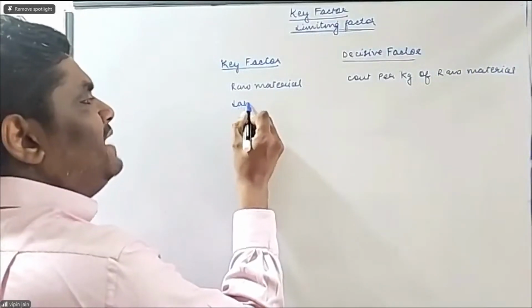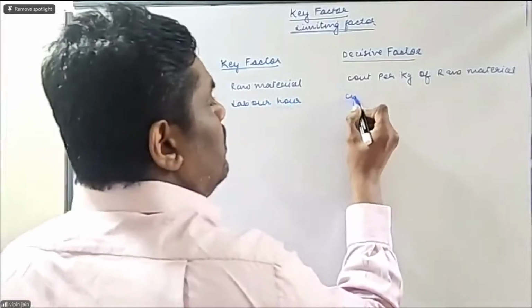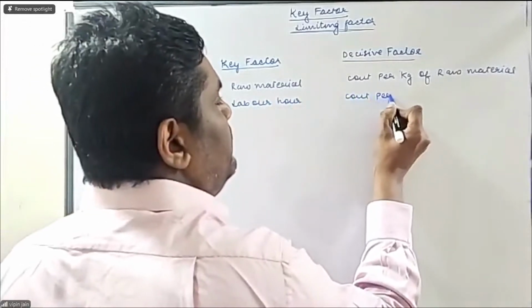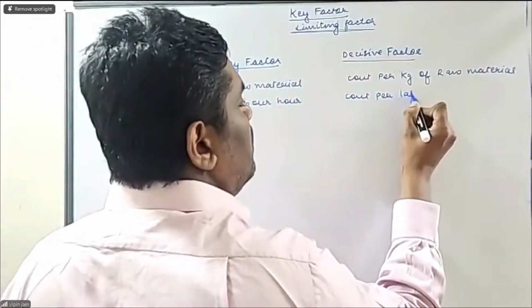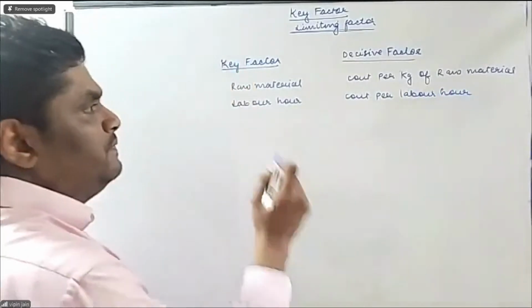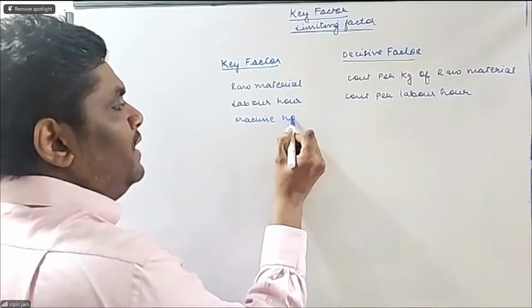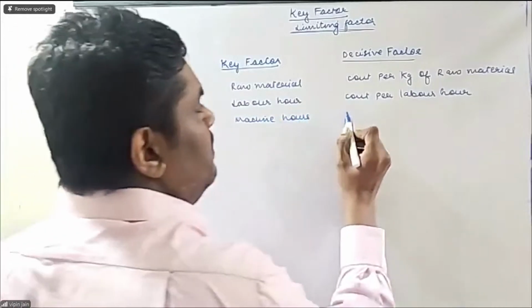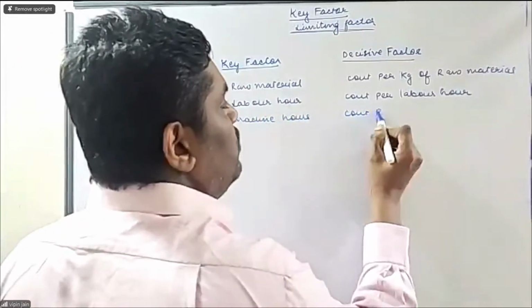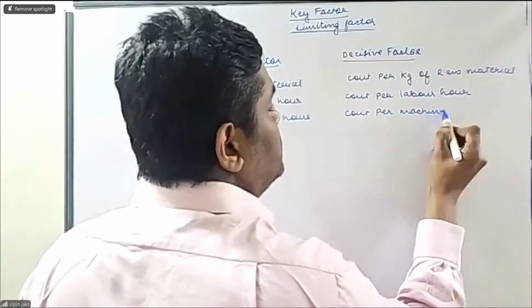If my labor hours are my key factor, then my decision factor will be contribution per labor hour. If machine hours are my key factor, my decision will be based on contribution per machine hour.